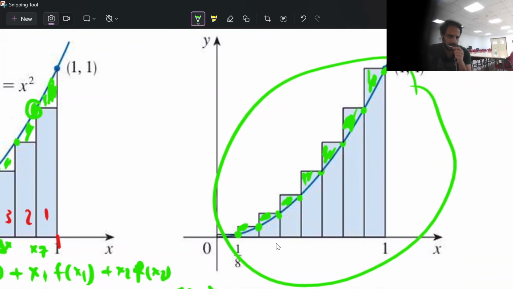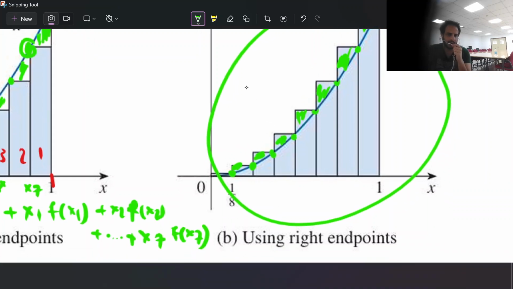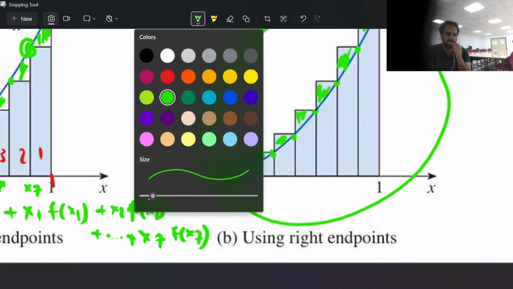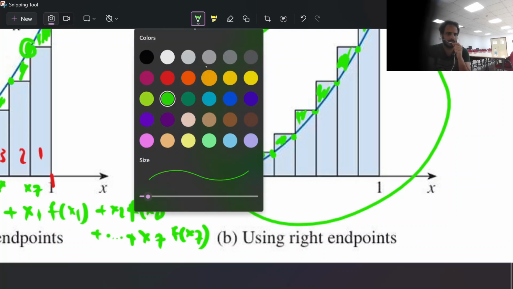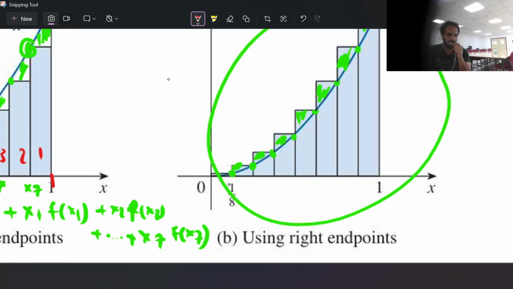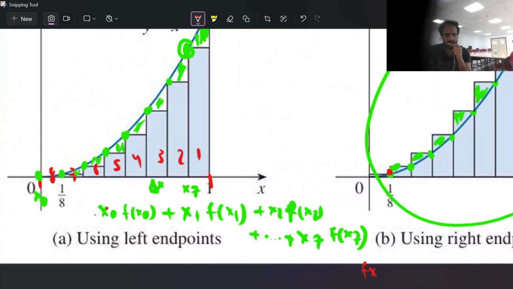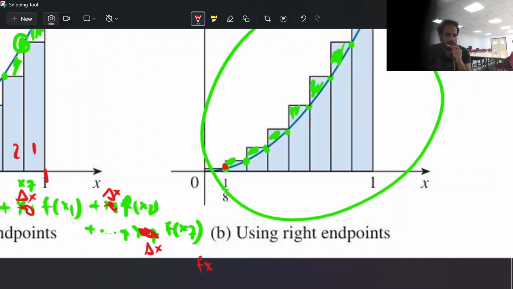But now see the other way. If you use right endpoints, I will write it in red, okay? You start from x1 for right endpoints. These are delta x. Now let's do the right endpoints.